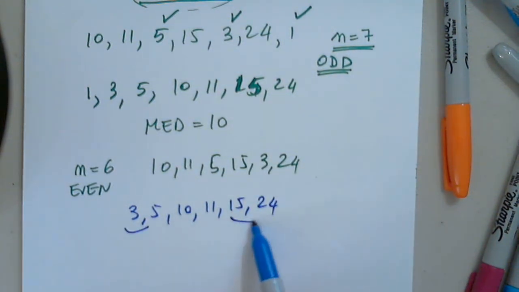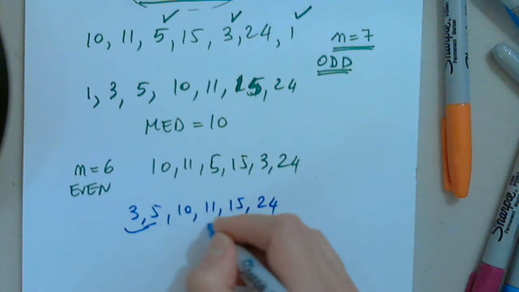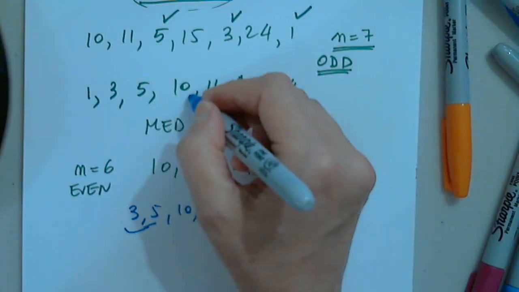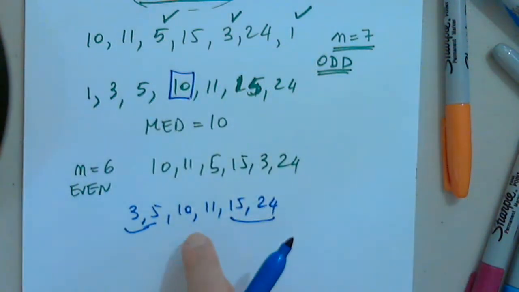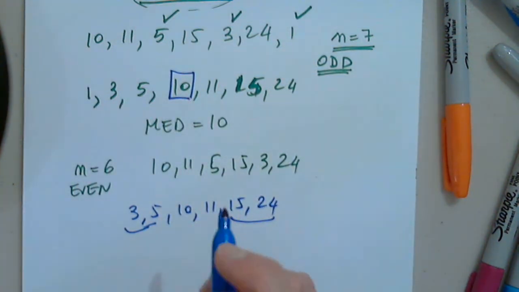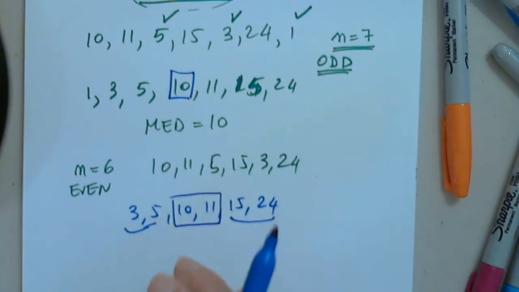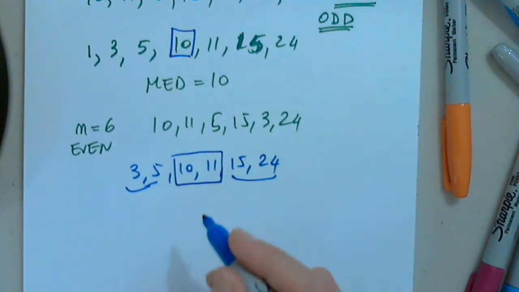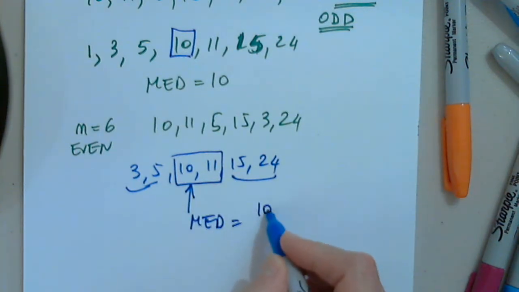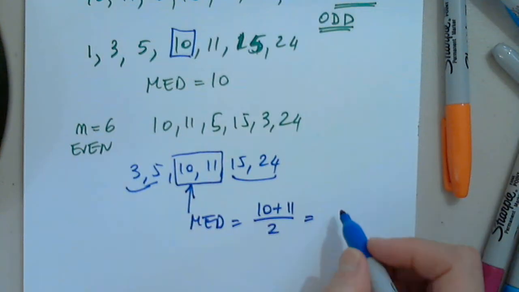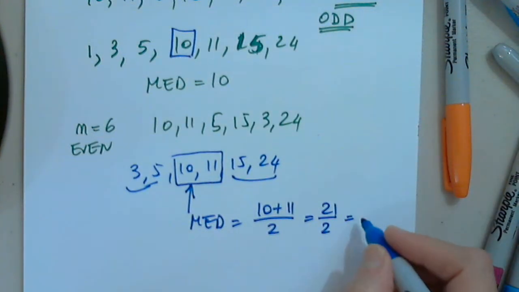You see, these 2 are the smallest and the largest. At this point, I cannot choose. The median in the previous case was a value in the sample, an entry in the sample. Here it will not be, because I will have to add these 2, exactly as Gavin said, and divide by 2, to find the average of these 2. So the median here will be 10 plus 11 divided by 2, which is 21 divided by 2, which is 10.5.